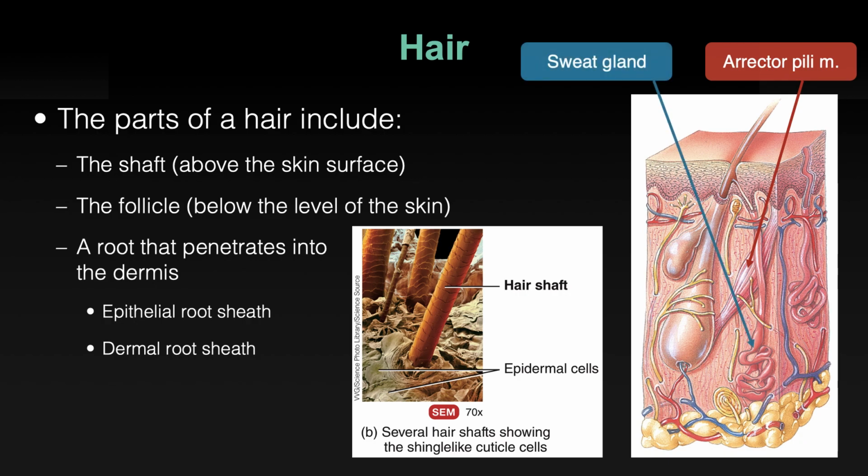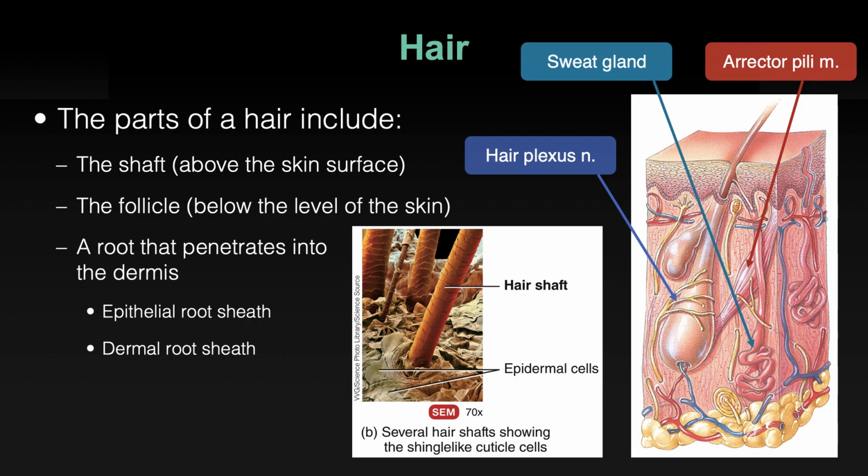Also on this figure, a pretty obvious accessory structure is this squiggly and also long gland. That's a sweat gland. You might not have ever seen one before, but you know how it works. And this is also the site, remember, of high nervous innervation in the dermis.